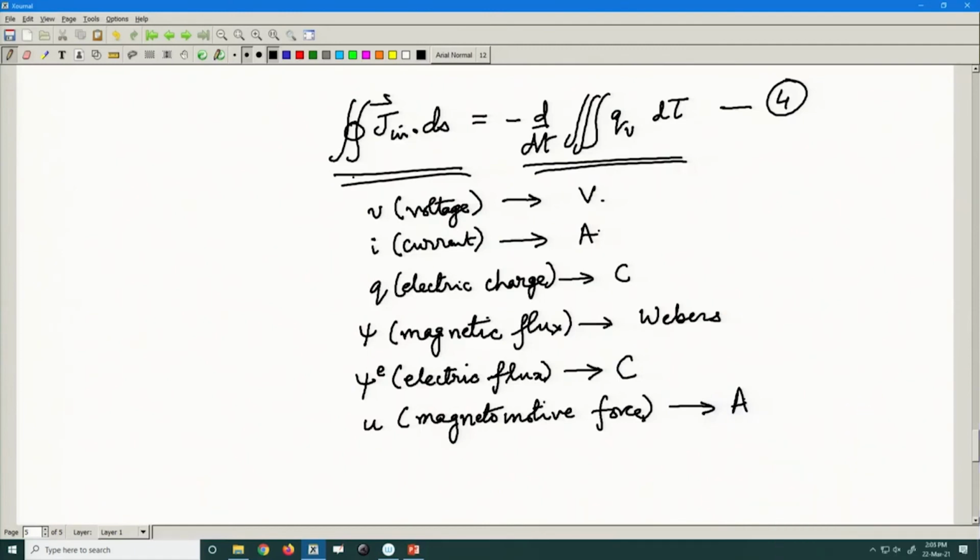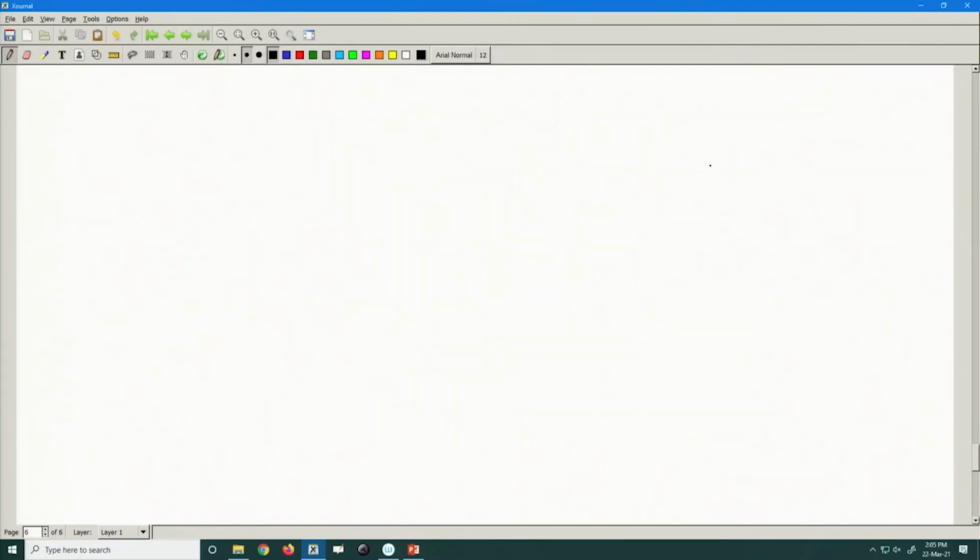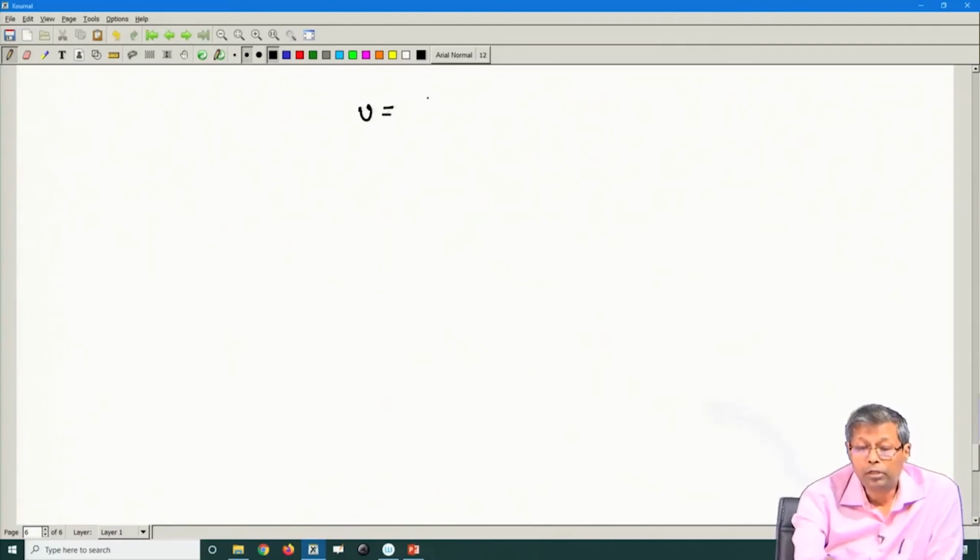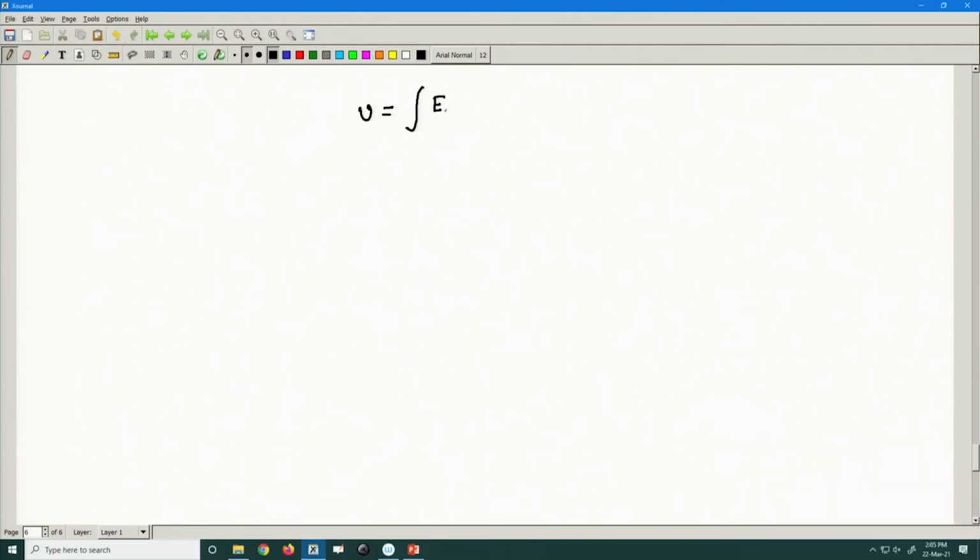Now, we need to find out the relationship between the circuit quantities and the field quantities. So, they are related. How are they related? Let us see. The voltage is given by the integral of E in dot dl.